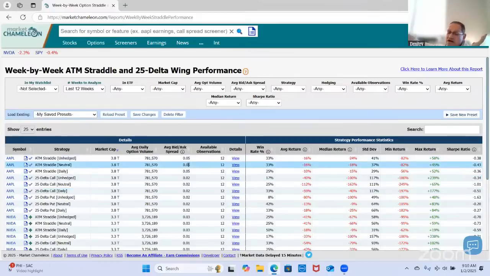If you have a very wide spread, then the cost of execution is higher, right? Because if it's $1 wide and you needed an immediate fill, you'd have to pay more than if it was 5 cents wide, the difference between the bid and ask. Again, this is something you could sort by or filter.